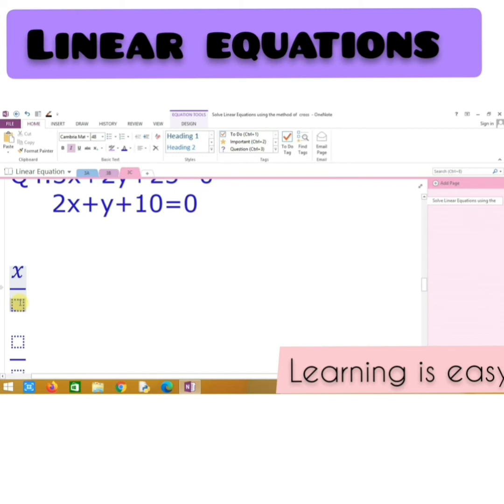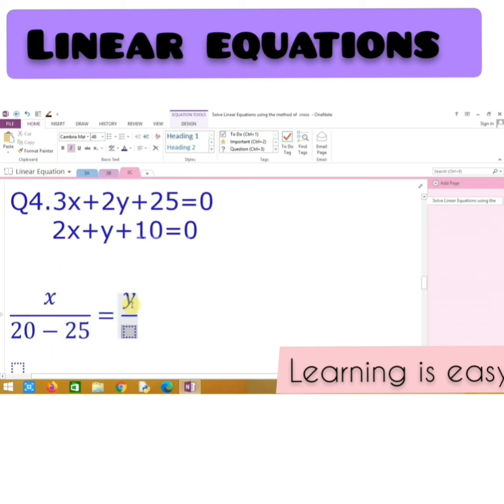So x by 20 minus 25 equal to y by 3 into 10, 30, and 25 into 2 is 50. 50 minus 30 equal to, for the constant we cross multiply x and y coefficients.